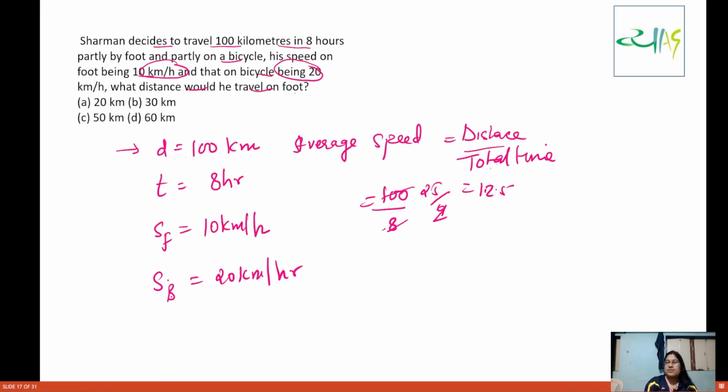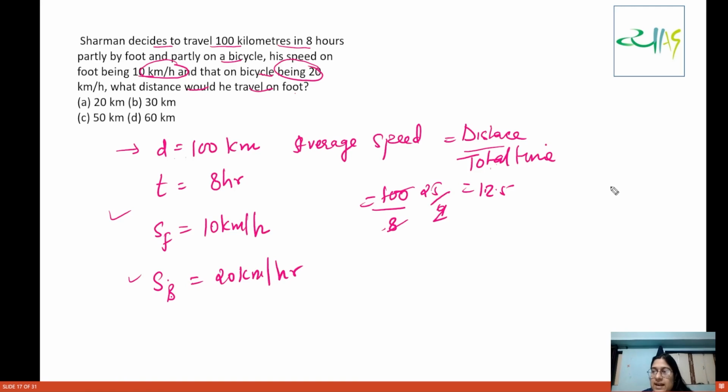This distance is 100 and the total time is 8. So we get 25 by 2, that is 12.5 kilometer per hour, as the average speed. This 12.5 is the average speed, because he is traveling 100 kilometer in 8 hours, at 10 kilometer per hour on foot and 20 kilometer per hour on bicycle. Now where is our weighted average here?